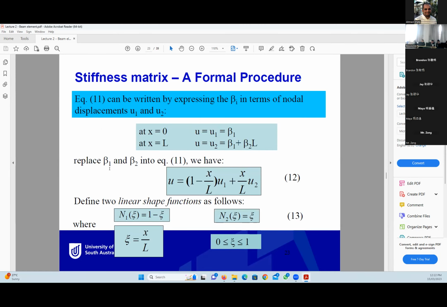And if we replace beta 1 and beta 2 into equation 11, we will have u equal to 1 minus x by L times u1 plus x divided by L times u2. Okay? Can you understand where we get this equation from?